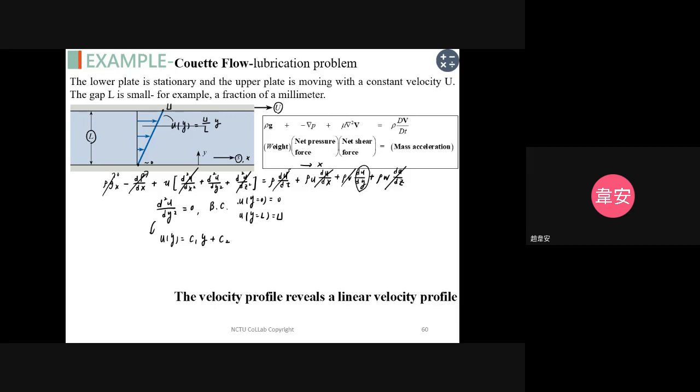So we put the boundary conditions into this equation.